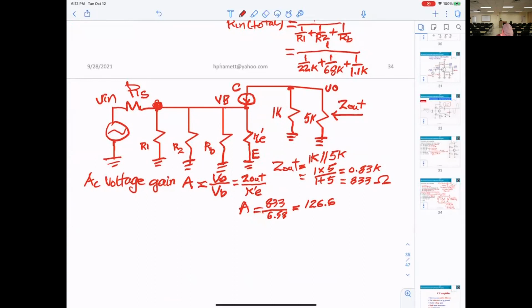That means the gain for the transistor is 126.6.